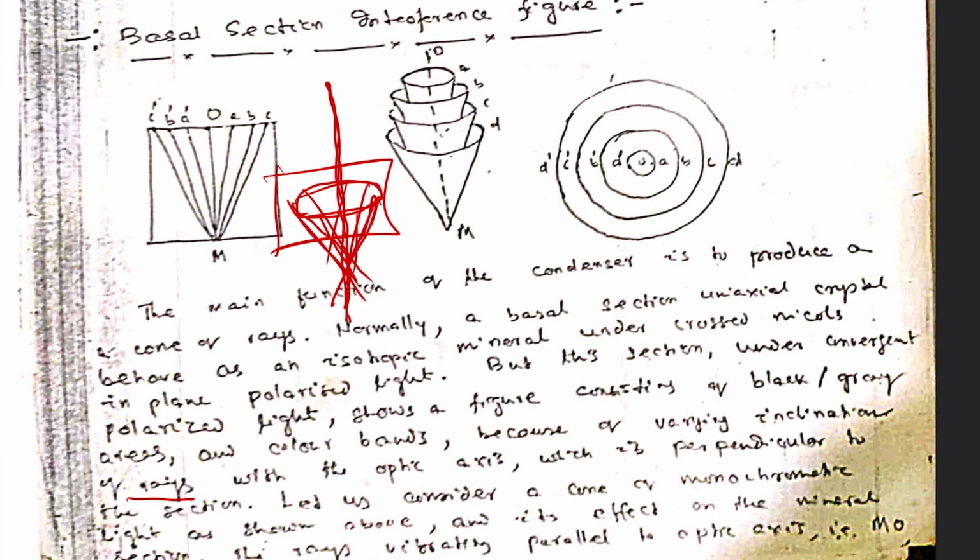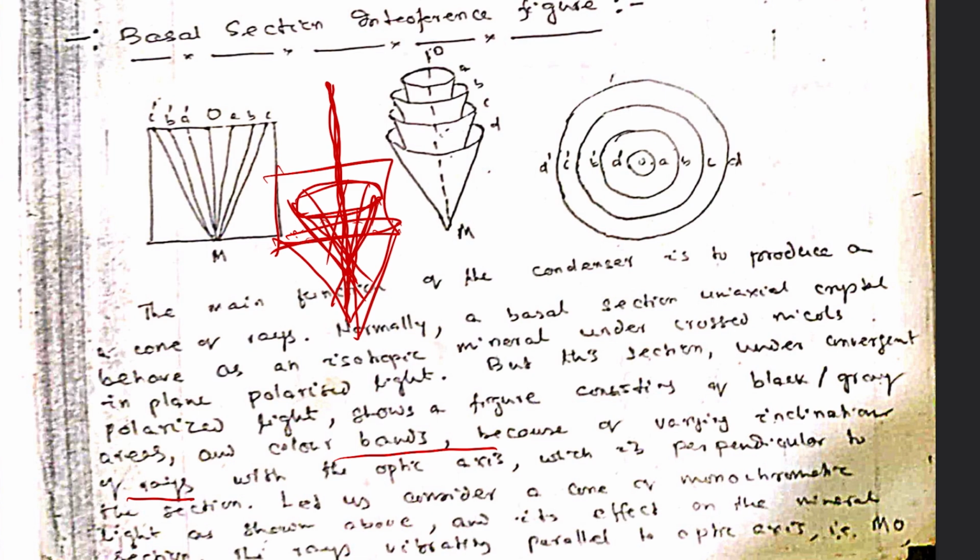That's why their optical character becomes the same. Similarly, in another ring, all the light rays which come in that ring maintain the same angle of inclination with the optic axis. So their character becomes the same. So this has been described.